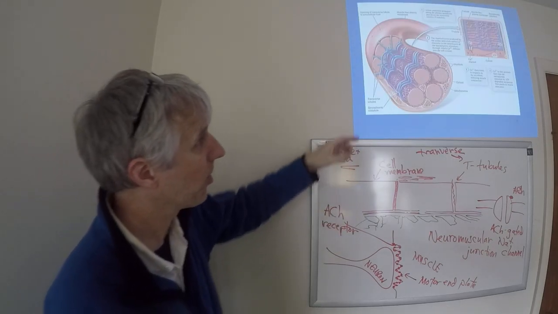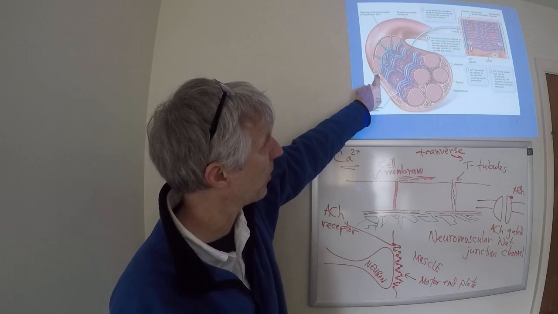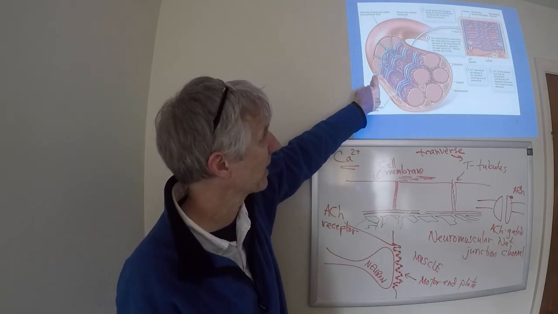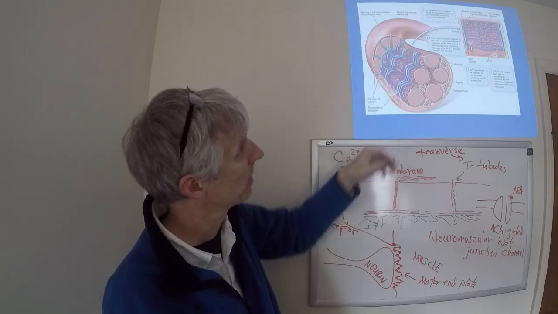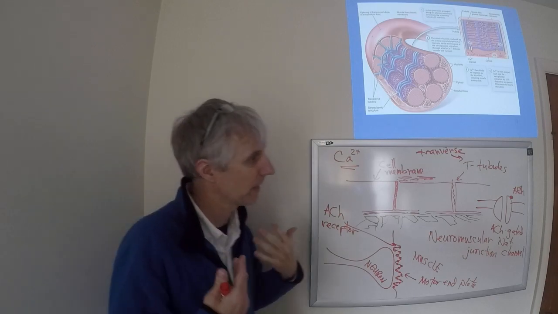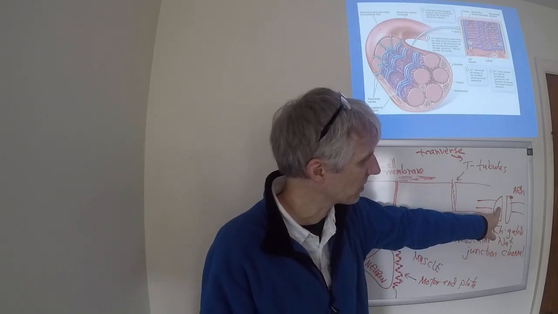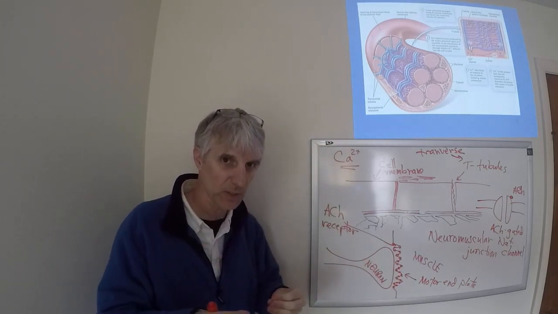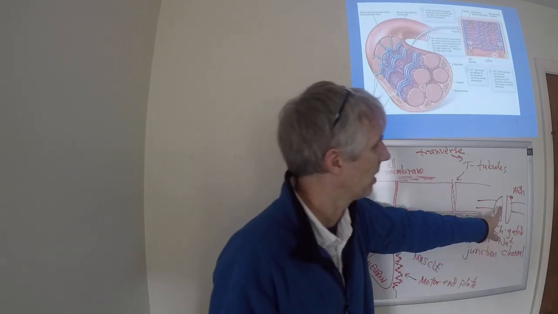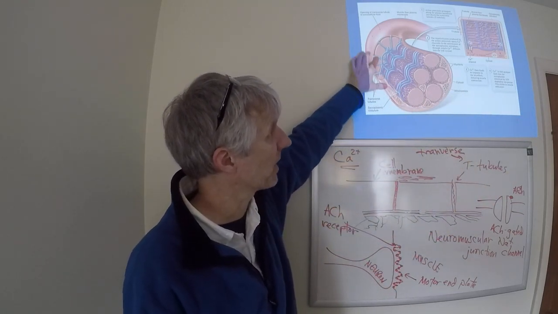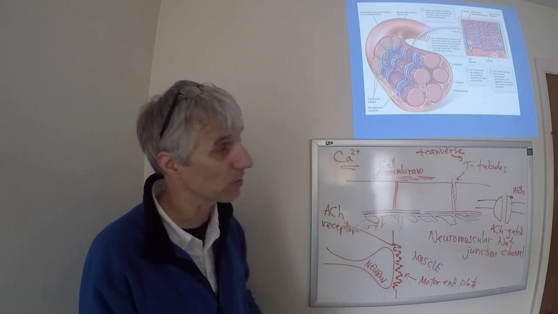And that depolarization begins to spread down the T-tubules. So we're getting an action potential as more sodium channels pop open. In this case, not the acetylcholine sodium channels, but voltage-gated sodium channels are being triggered. They're opening up to spread the action potential down along these T-tubules.